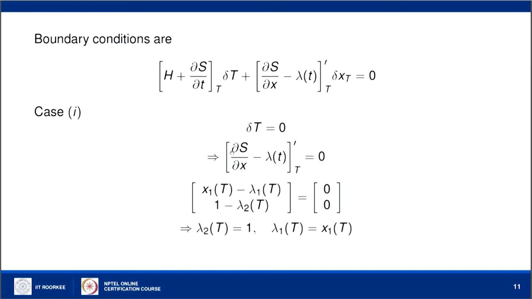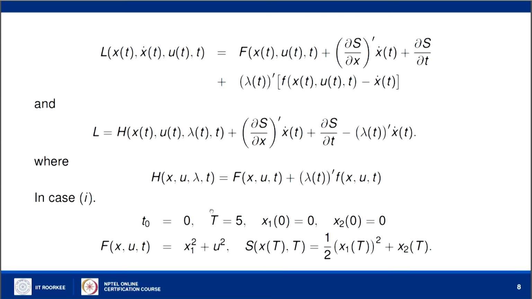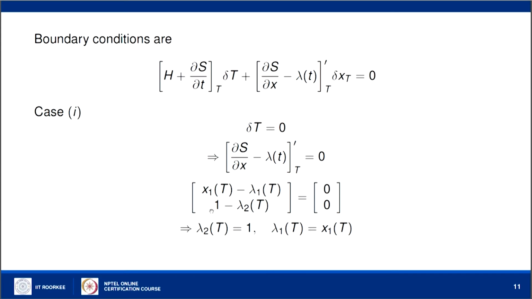If we substitute the s value and differentiate with respect to x1 and x2, we get this equation, because the s function is half x1 square plus x2. If you differentiate with respect to x1, we get x1, and differentiating with respect to x2, we get 1. So del s by del x1 minus lambda 1 is x1 minus lambda 1, and del s by del x2 minus lambda 2 is 1 minus lambda 2, set to zero.